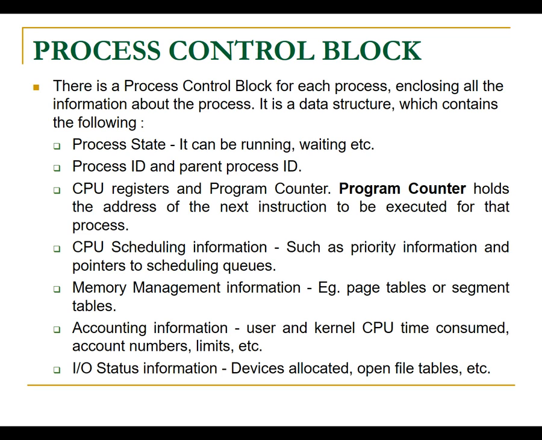Parallelly, if 30 are running from the bunch of 80 processes, then the program counter of ready is 80, and so on. So this is the main task of the process control block, which contains the program counter. That program counter actually holds the address of the next instruction to be executed in the process state diagram.